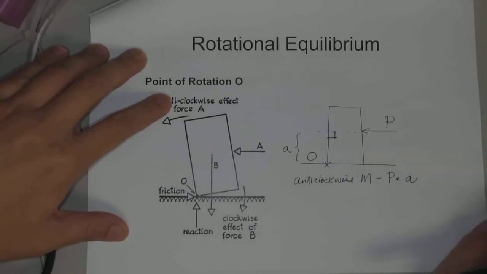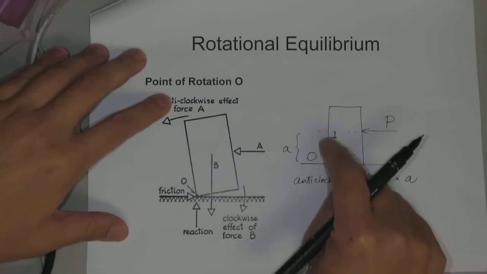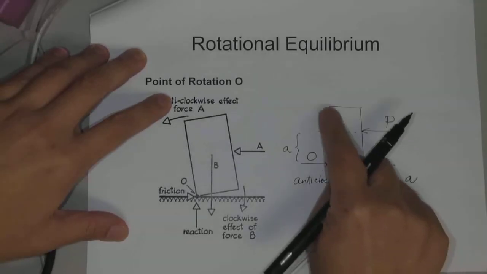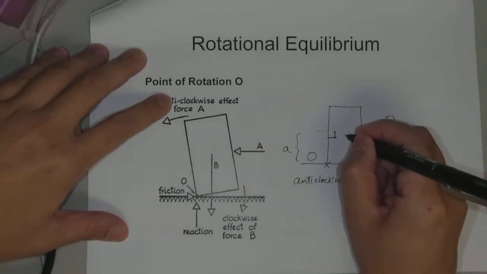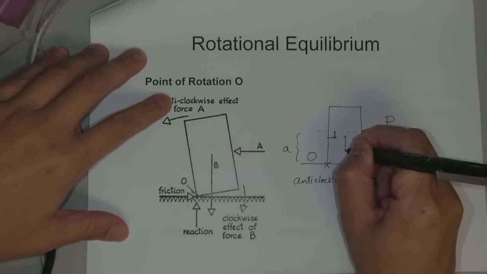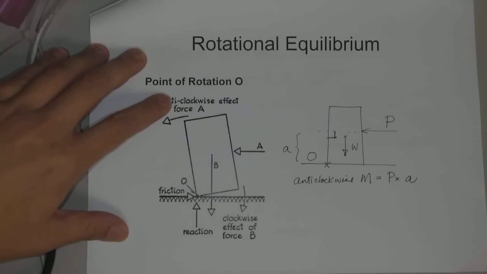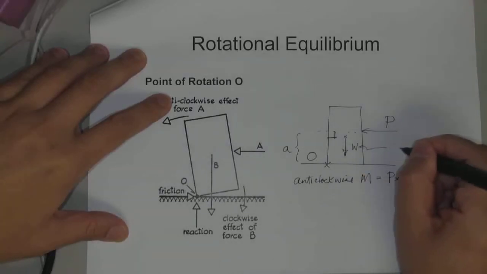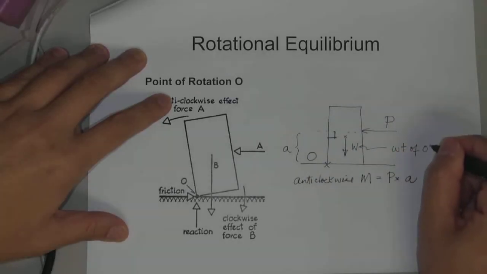Fortunately, that thing, my building, has weight. And assuming this is just a rectangle, my weight should be acting right at the center. W is the weight of my object or building or box, whatever.